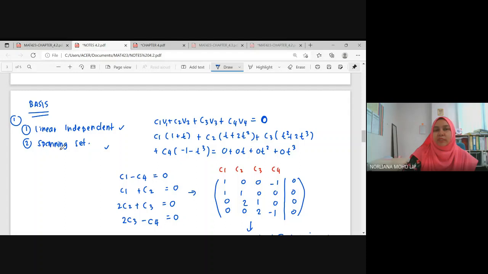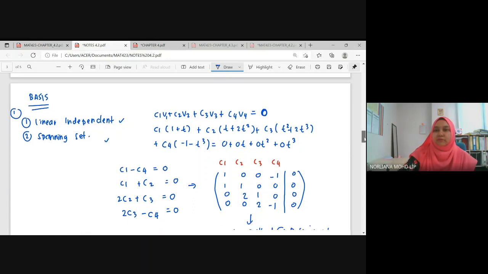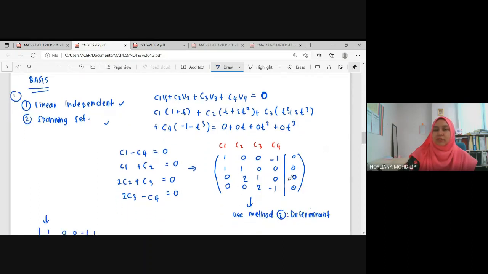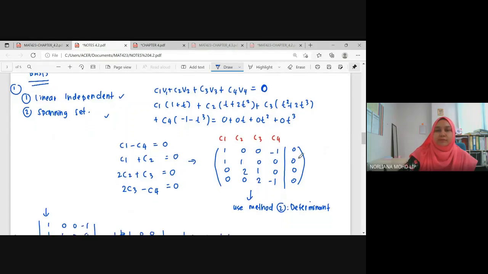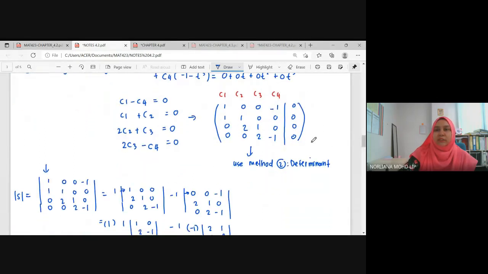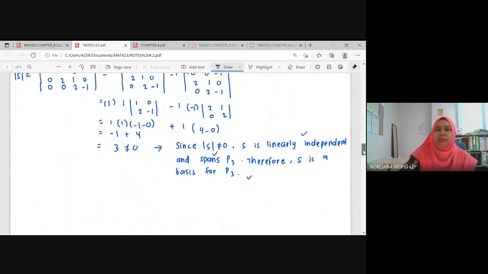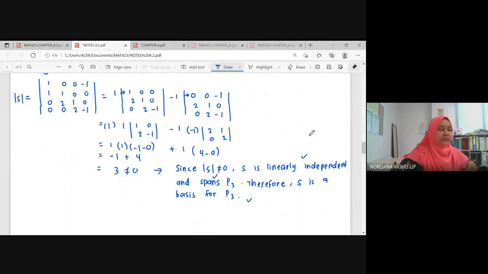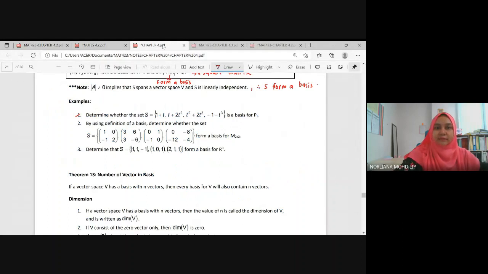Okay, yang kedua spanning set pun awak kena buat, so kat sini nanti kena adalah X nilai apa? 0, T, 0, T square, T3. Kalau yang tu, jadi ni 4x4 je kita terus gunakan determinant je. Okay, ada soalan tak untuk yang ni? Basis.